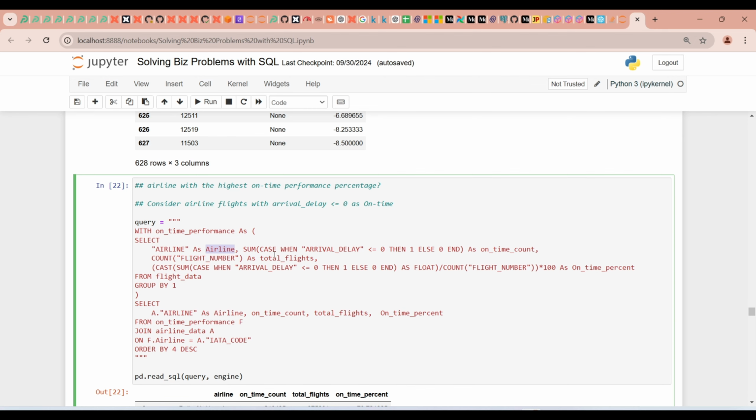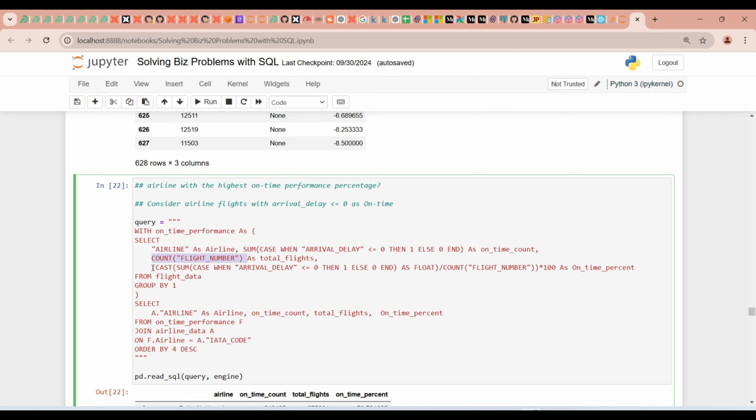So when the arrival delay is less than or equal to zero, then one, meaning it's on time, else zero. That will give us the number of times they were on time. And this one gives us the total number of flights for that particular airline. Then for the on-time percentage, it has to be this number divided by this number, right?